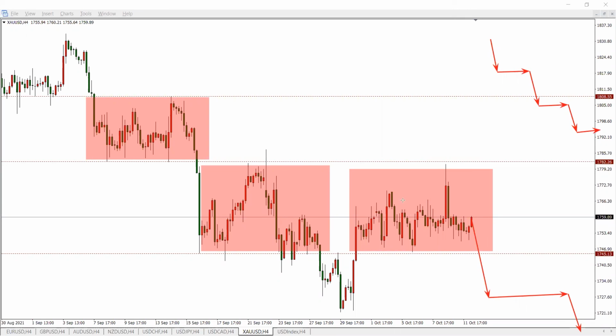Because if you're trying to trade inside this consolidation, then of course you are doing a whole lot of battle with the buyers or sellers, depending on what you are trying to do. So I would always advise that the best thing for you to do is to wait for a proper breakout, and then wait for a pullback.